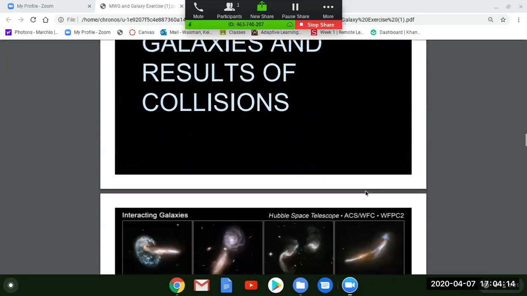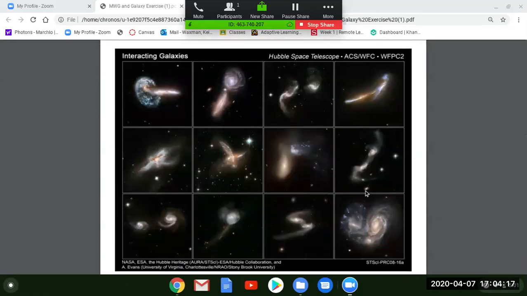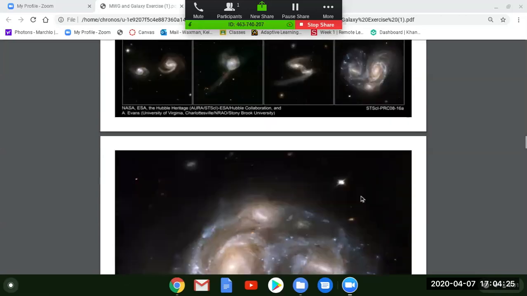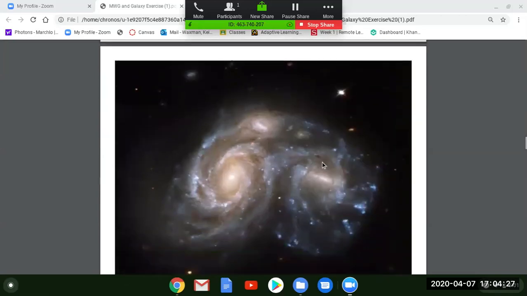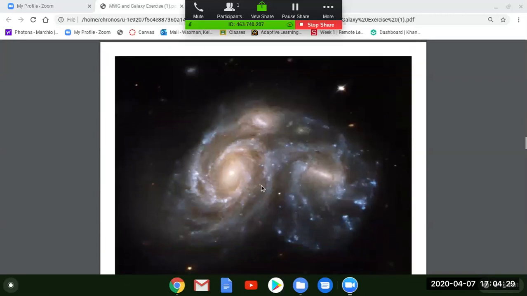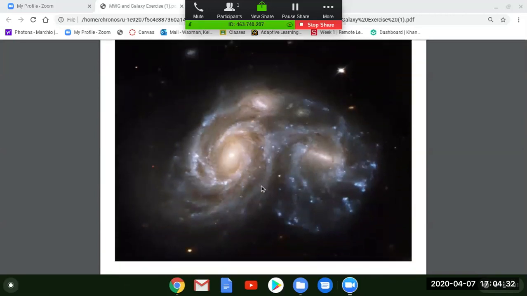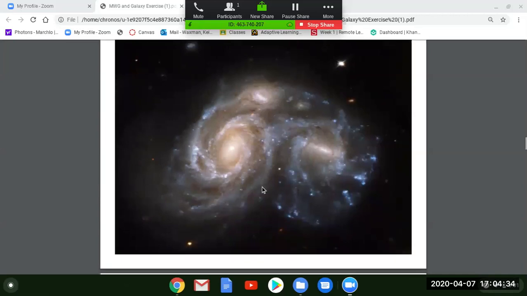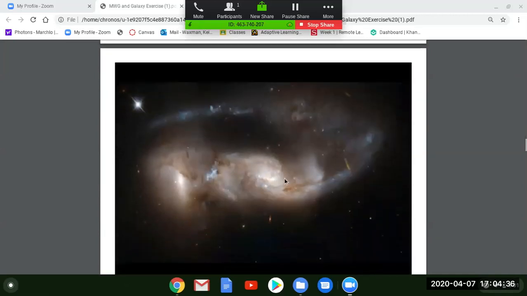Colliding galaxies. Take a look at these. Hubble Space Telescope got a view of a bunch of galaxies in the middle of collisions, again taking billions of years. Look at that. Looks like 1, 2, 3, 4 galaxies colliding. Spirals. Look at this one. Galaxies colliding. Look, gas is mixing together where they're colliding.